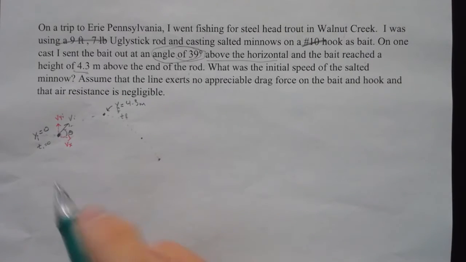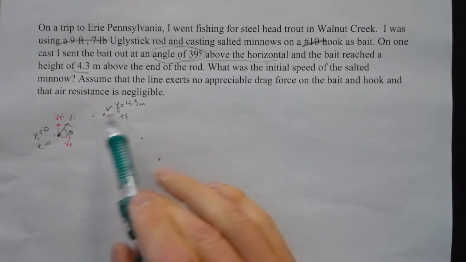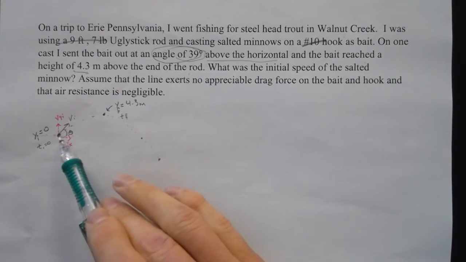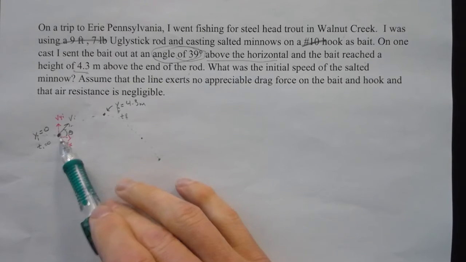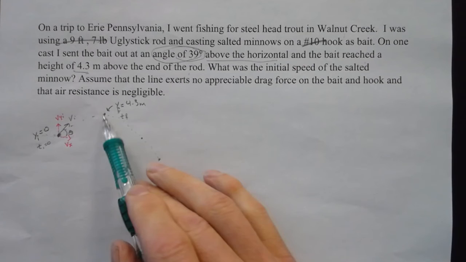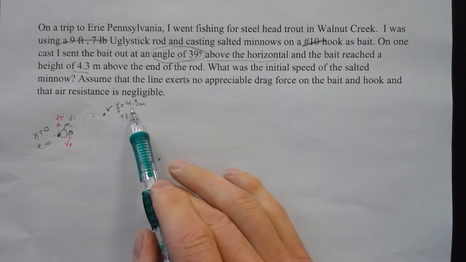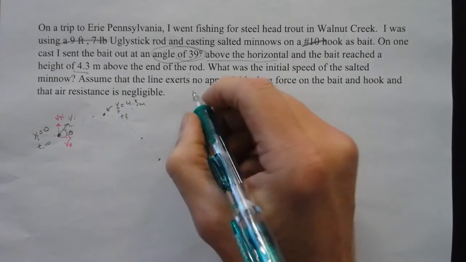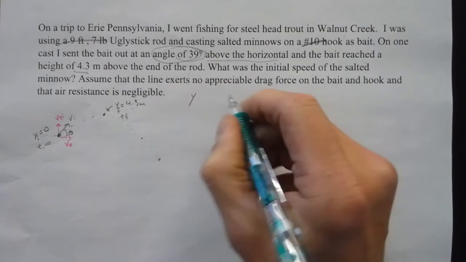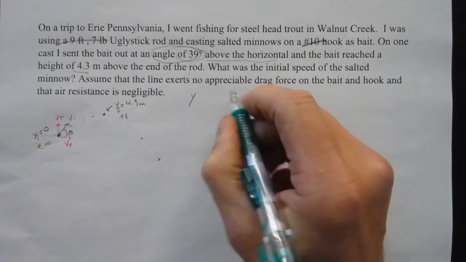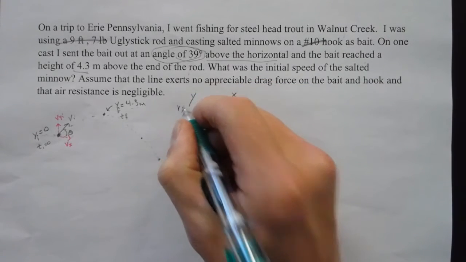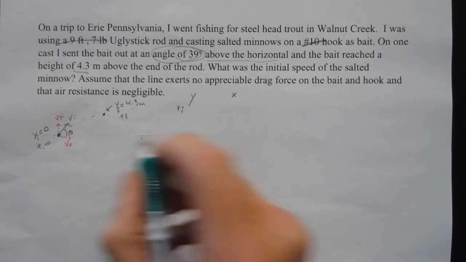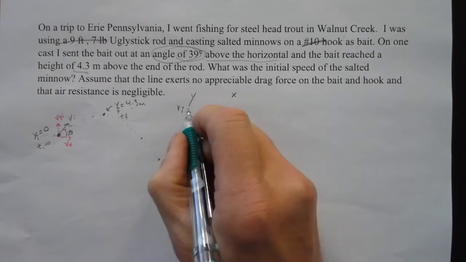Well, we have to analyze some interval of this motion, so we need a beginning and ending point. The beginning is pretty clear. It's when it left the rod. The ending is going to be this highest point because that's the only place we know anything about. So that's 4.3 meters. So I'm going to look at what information I have in the x and y directions for that. The velocity initial in the y, I don't really know, right?